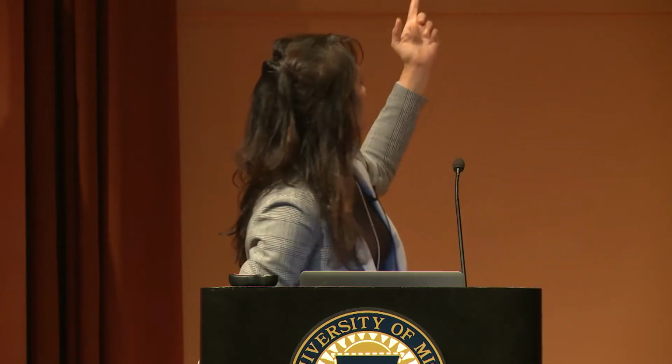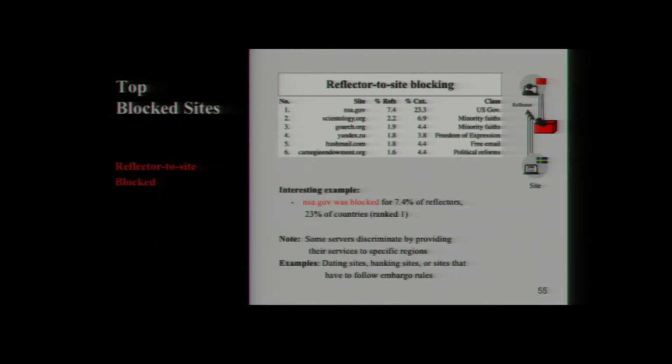We found NSA.gov at the top for reflector-to-site blocking. Although the technique doesn't help us know where on the path the blocking has happened in this direction, considering the nature of the website, we know that NSA.gov possibly doesn't want traffic from certain countries, so they actually do IP prefix blocking for some countries.